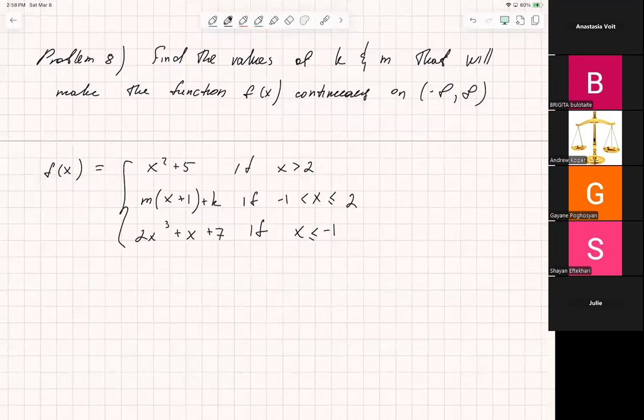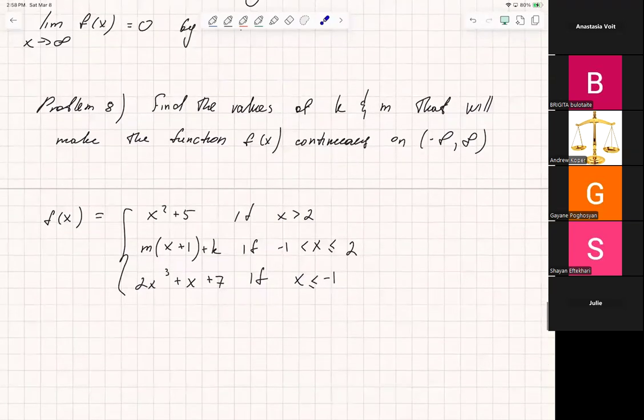So we want it to be continuous, right? First thing we can see is that x squared plus 5 is continuous everywhere except maybe at the critical value where we have the switch from one function to another. So we need to check the point x equals 2. Now the second function, given that m and k are constants, I didn't write that, so find the values of constants k and m.